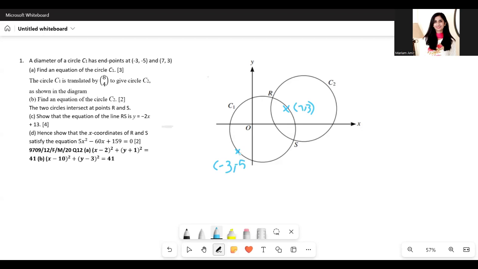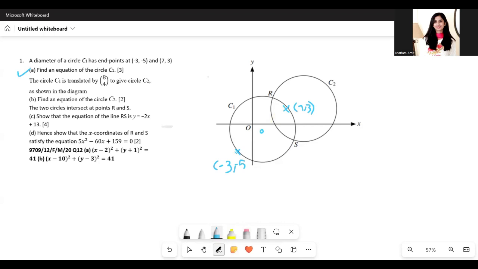Okay. So now we know that to find the circle equation, you need the center and the radius. So I need the center here, which is going to be the midpoint of these 2 points. And then I can use distance formula and find this radius. Okay, so let's find the midpoint quickly.